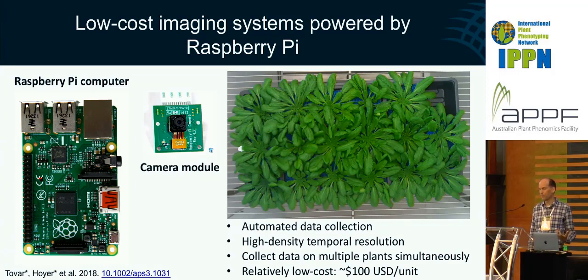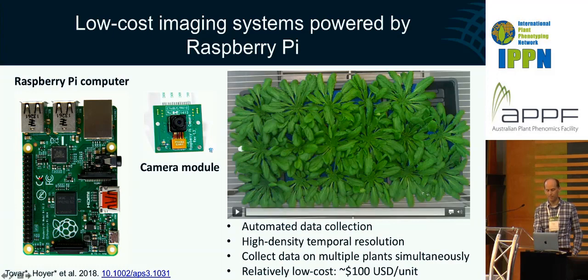They run full Linux operating systems, so they're essentially autonomous from that point of view. And then you can attach all sorts of accessory components onto them. You can attach all sorts of sensors that you can pre-buy, or you can build your own sensors. And then importantly for us, there's this 20 or 25 US dollar camera module that you can plug in.